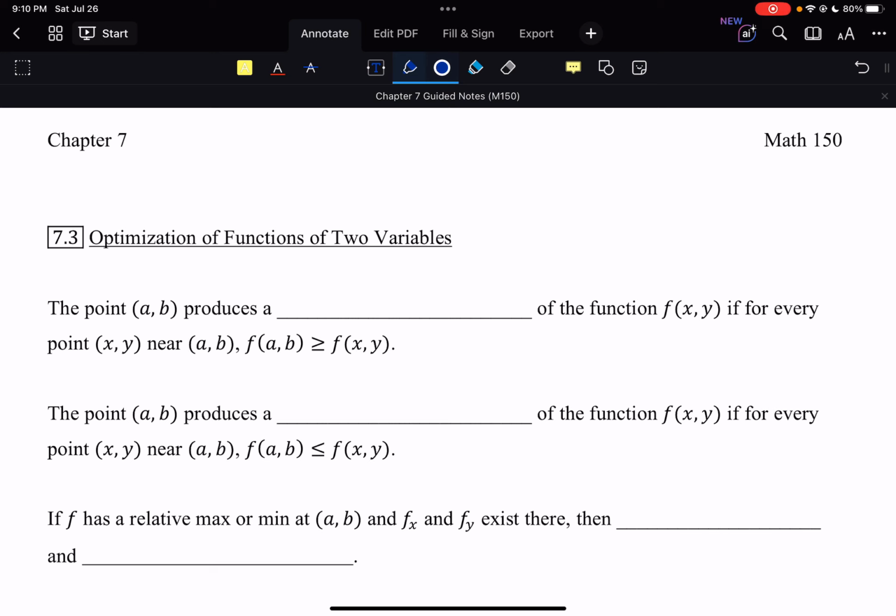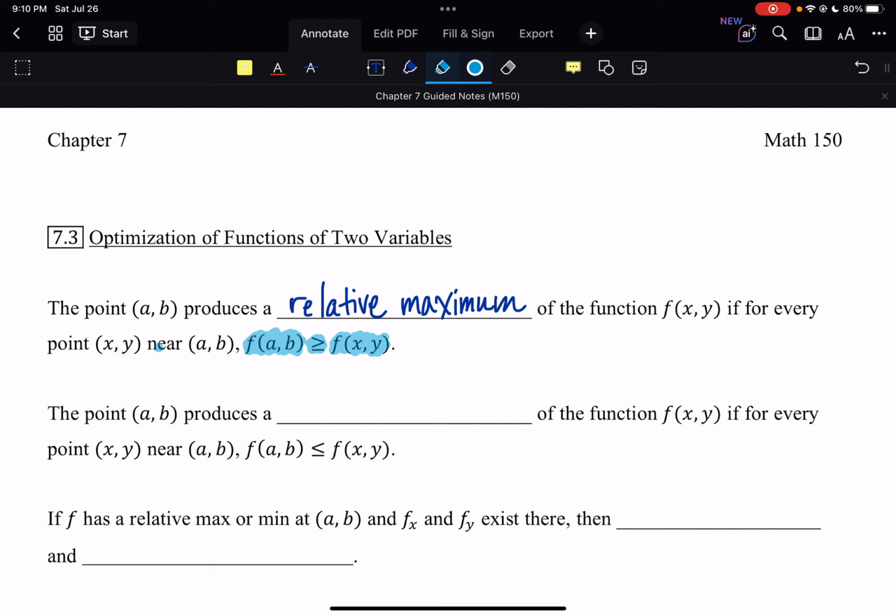So we say that the point (a, b) produces a relative maximum of the function f of x, y if for every point (x, y) near (a, b), f of (a, b), that's the output at (a, b), is greater than or equal to f of (x, y).